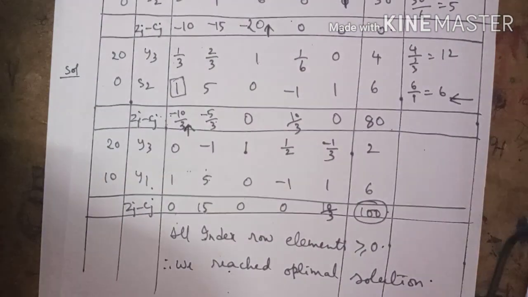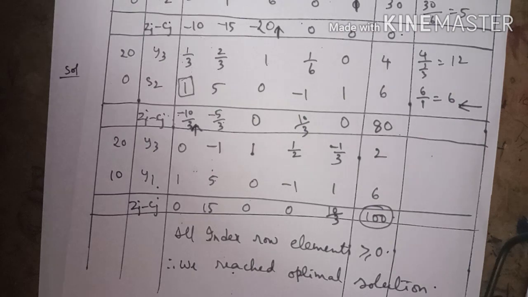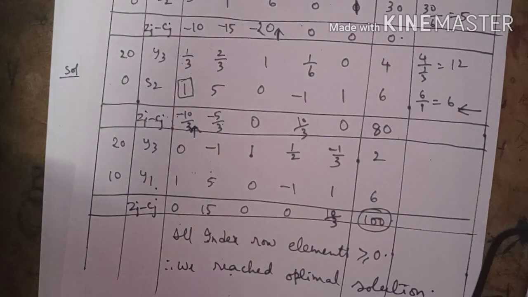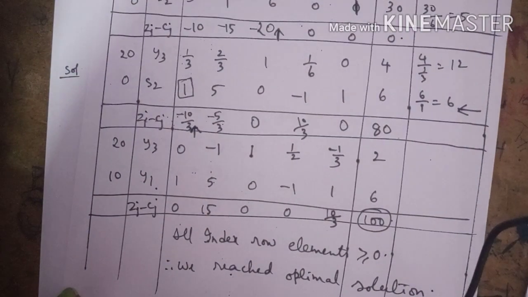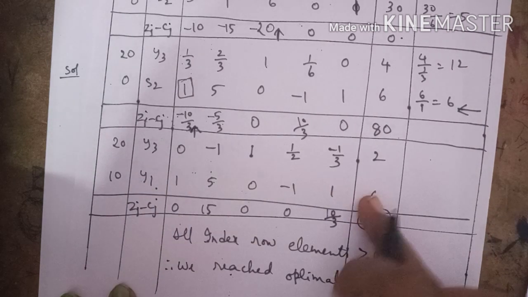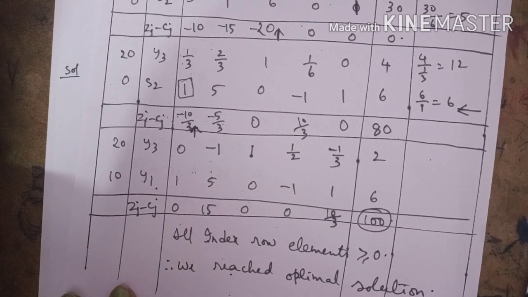Dual is max W. Dual LPP is in terms of max Z. Max W is equal to 100 at y1 is equal to 6 and y3 is equal to 2. This is the dual answer.